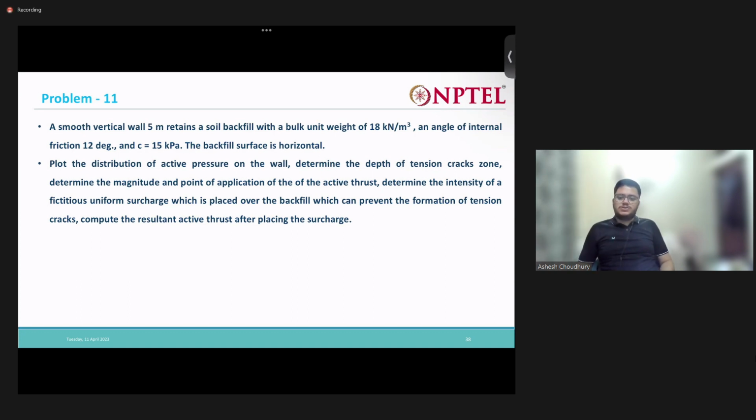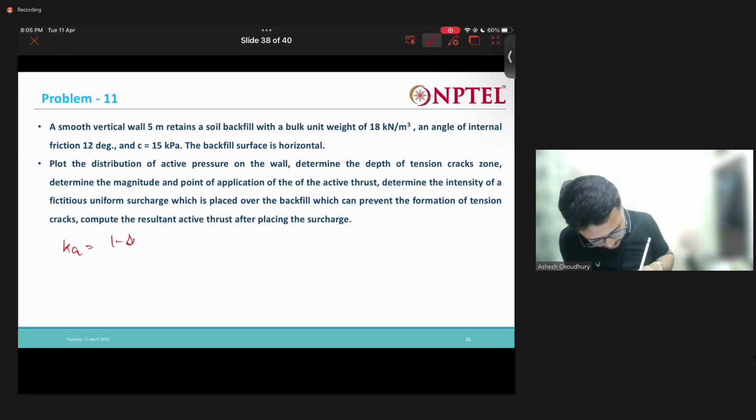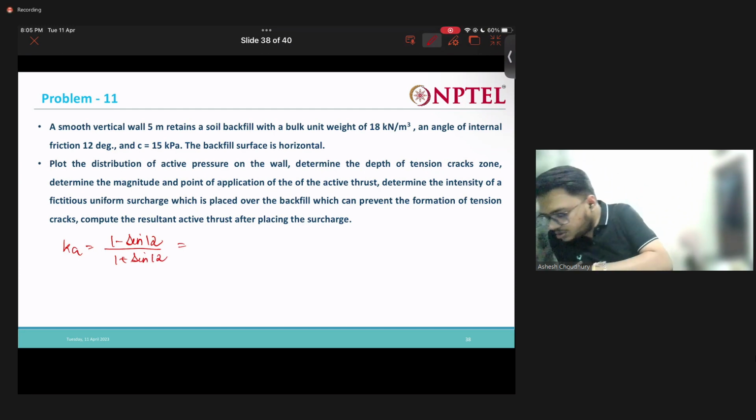This is a c-phi soil. So the first step is determination of Ka. Ka is 1 minus sin 12 by 1 plus sin 12, how much? 0.656.